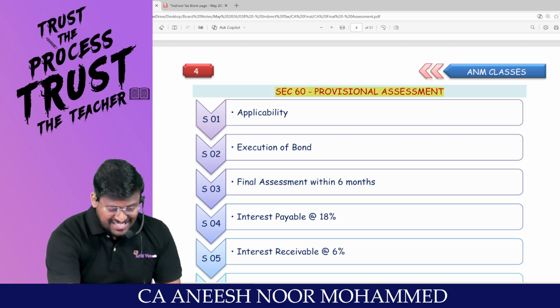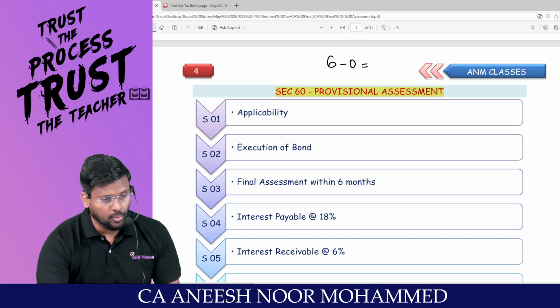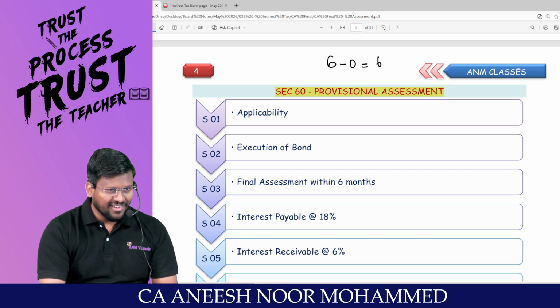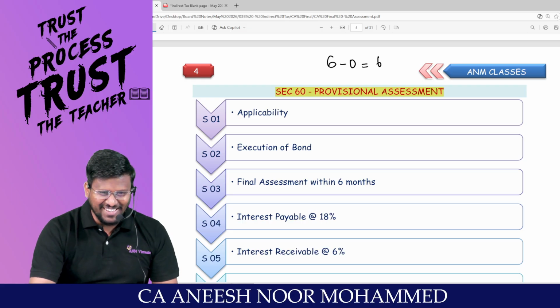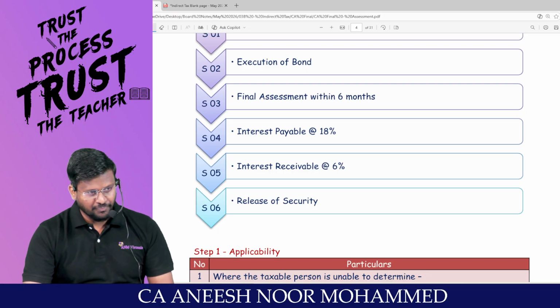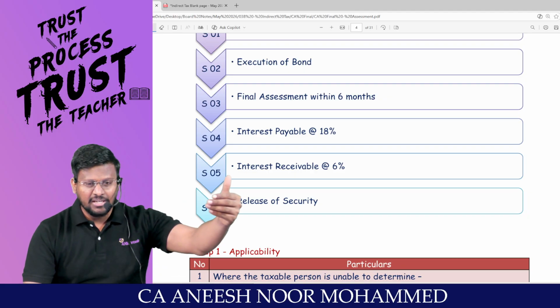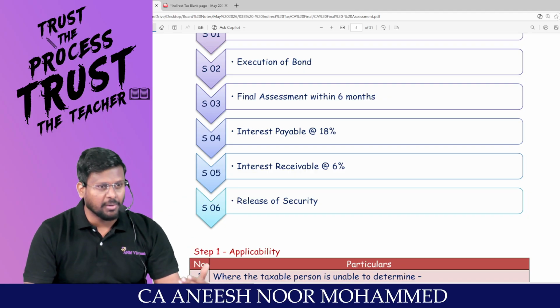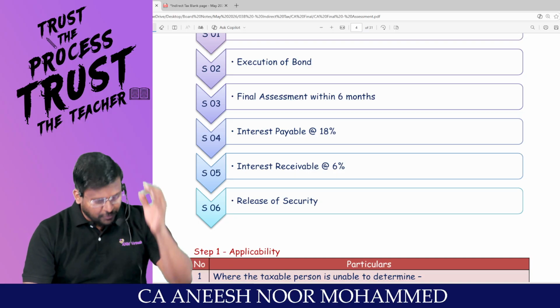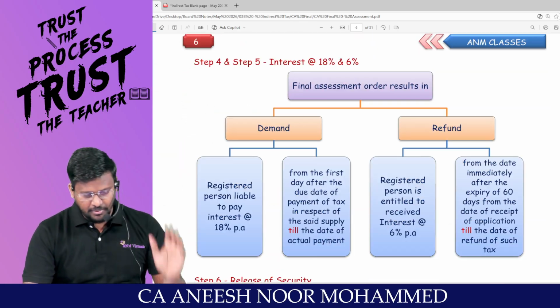Sir, section 60, 6 minus 0. It's a 6-step approach, my dear lovable students. Because in the exam, they will be asking to write a short note about provisional assessment. Then you have to just recall the 6 things. Automatically the things will be given to you.